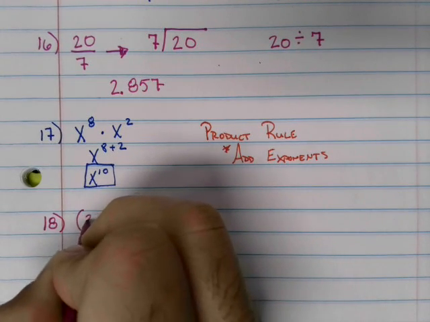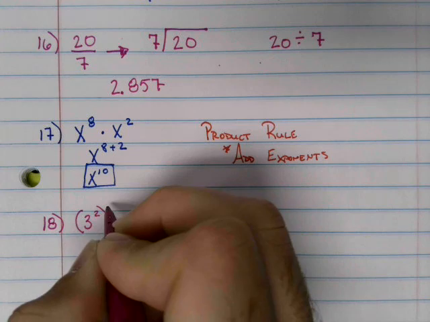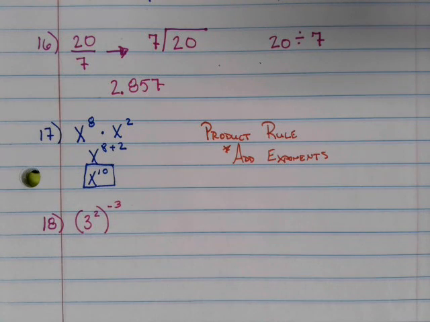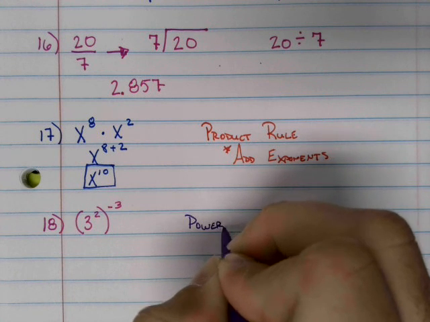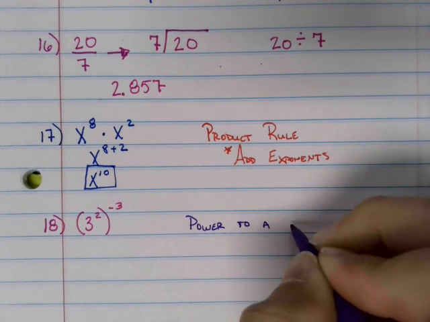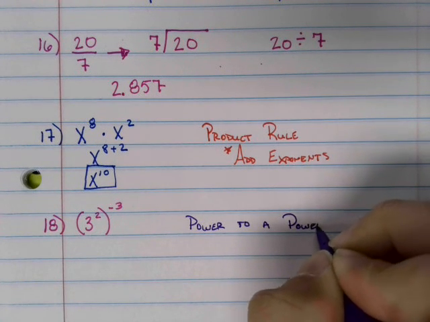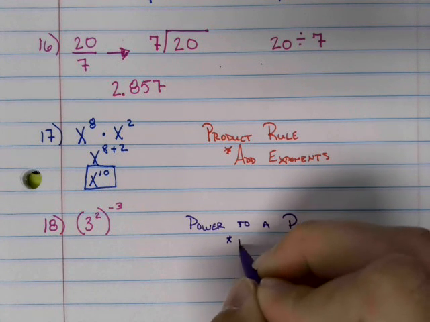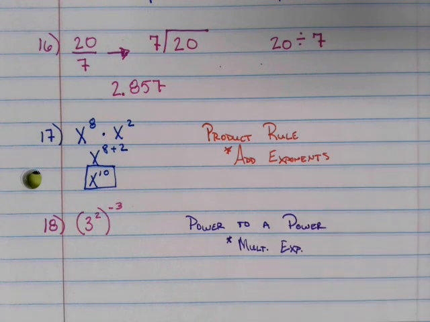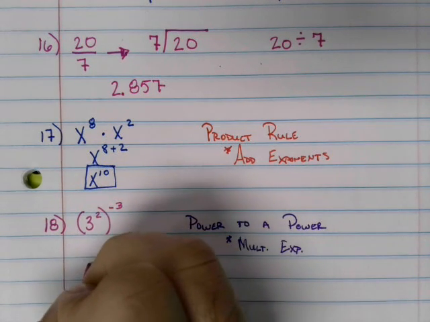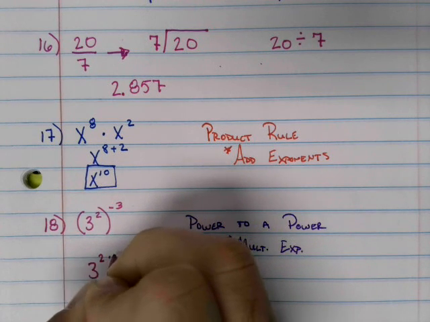Number 18. 3 squared, raised to the negative 3. Here we have our power to a power rule. Here we're going to multiply our exponents. We're going to have 3 to the 2 times negative 3.